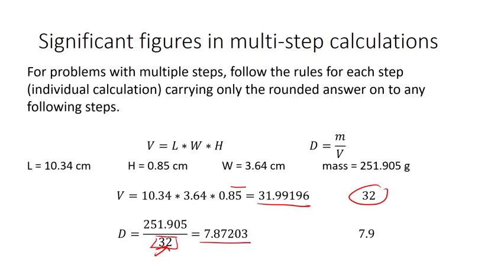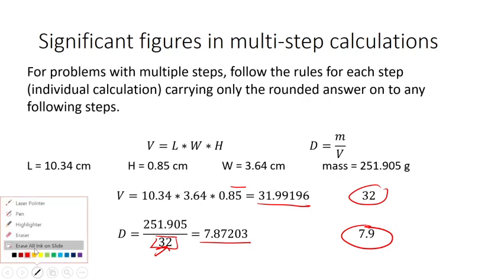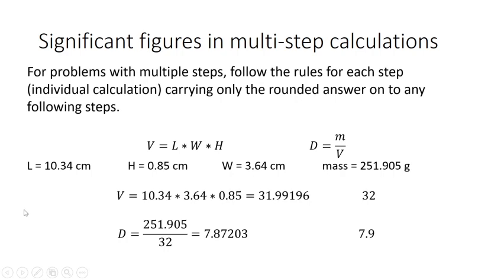So we get this answer, then we have to round for a final answer of 7.9 grams per mole. The actual density would be 7.874, but we have had to round for that.